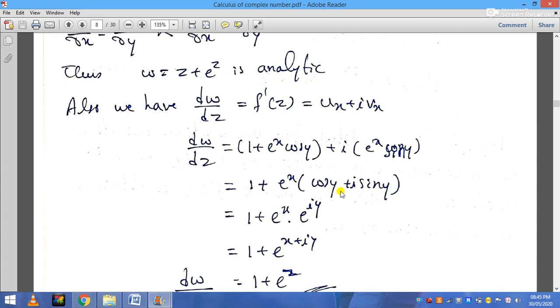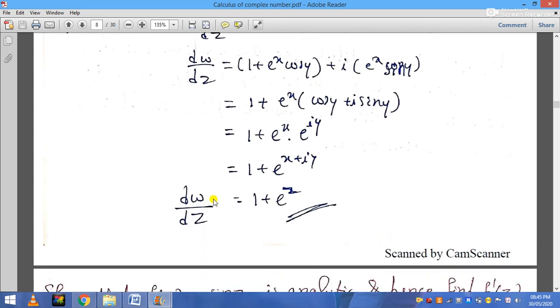Then cos y plus i sin y can be written as e raised to i theta, with y in place of theta. Then it is of the form a raised to m into a raised to n, so it can be written as e raised to x plus iy. Then we know that x plus iy means z. So 1 plus e raised to z. Therefore dw by dz equal to 1 plus e raised to z. The derivative of f of z is 1 plus e raised to z.